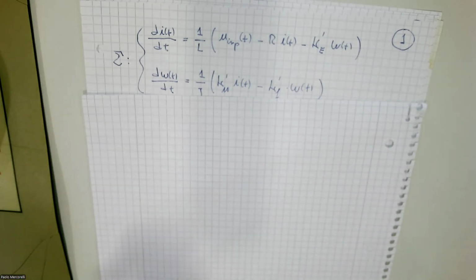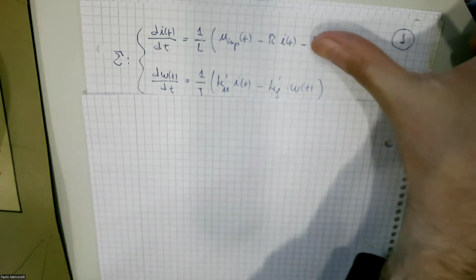We have two states, therefore two differential equations. Do you remember about the states? I told you the states are variables which reflect the energy. We have two kinds of energy in the model, or at least in this model. The electromagnetic energy, because of the coils, and the kinetic energy. And the kinetic energy is reflected by omega, the velocity.